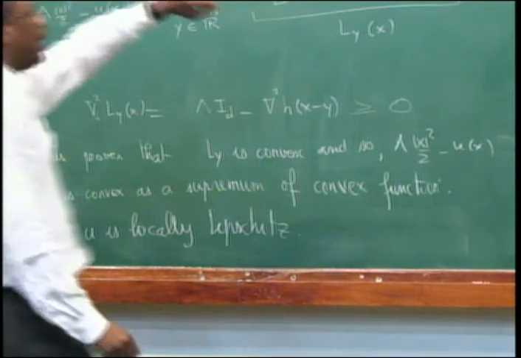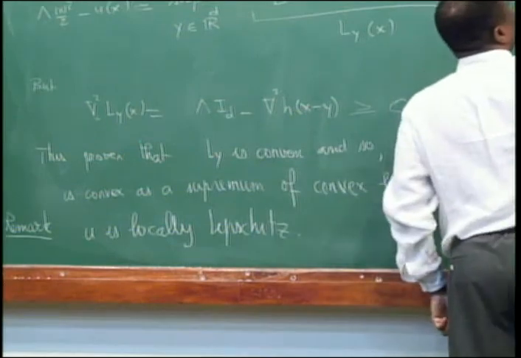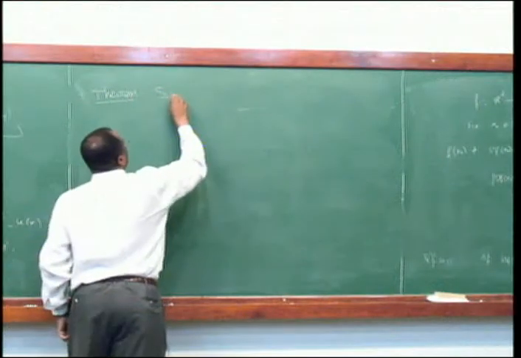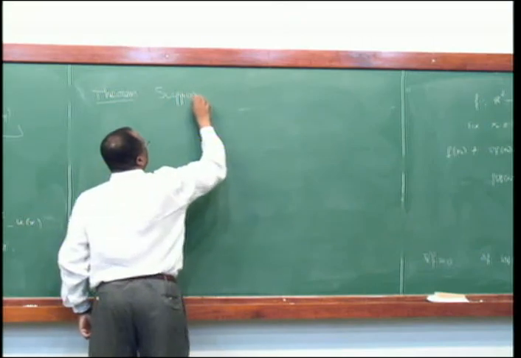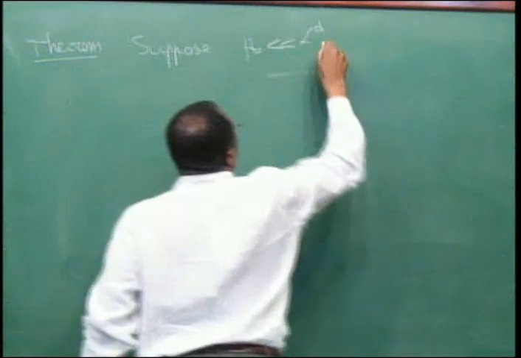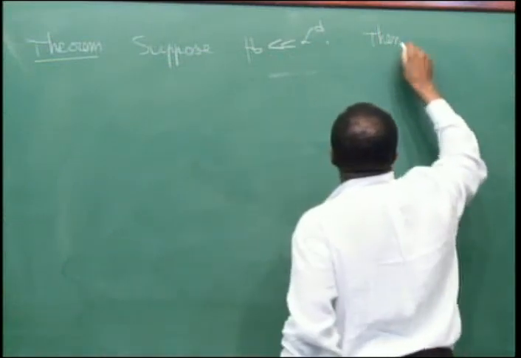Theorem, and this will end. Suppose mu naught is absolutely continuous with respect to the Lebesgue measure.